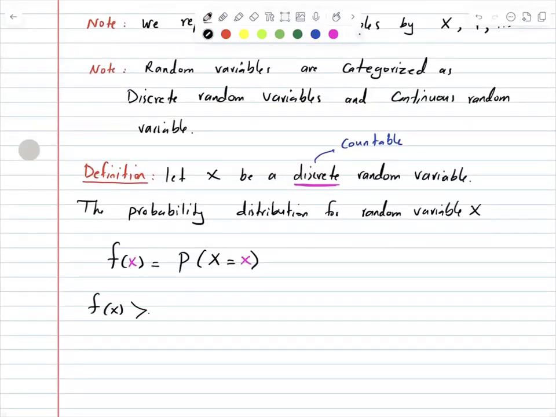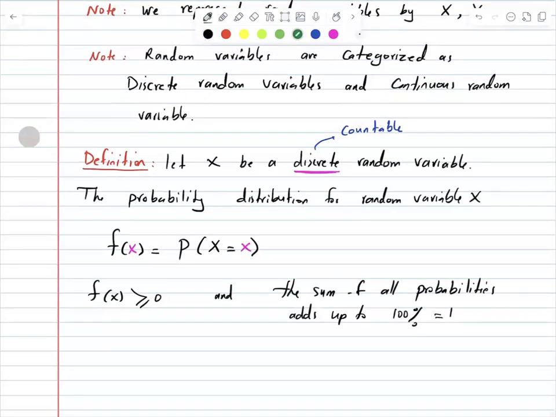f of x is always more than or equal to 0, and the sum of all probabilities adds up to 100% or equal to 1. Basically, we represent it this way. We say that this summation of all of these probabilities, f of x, as x belongs to the domain, must be equal to 100%, or, as we mentioned, just 1.